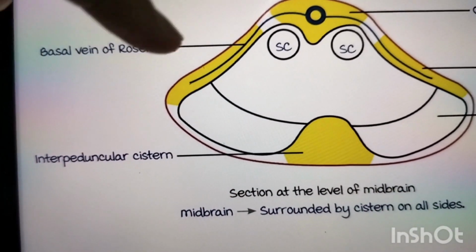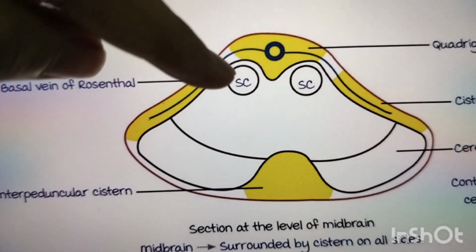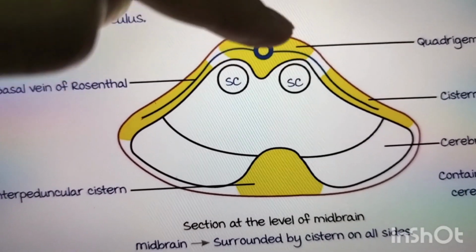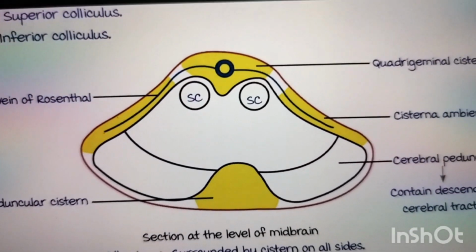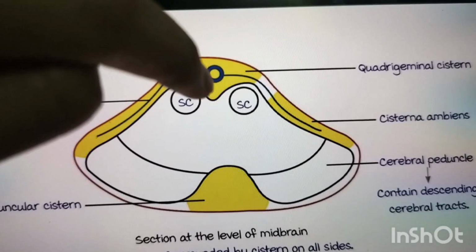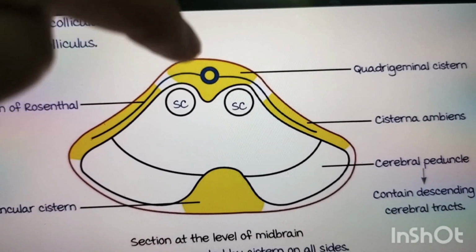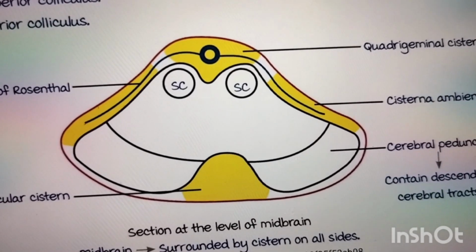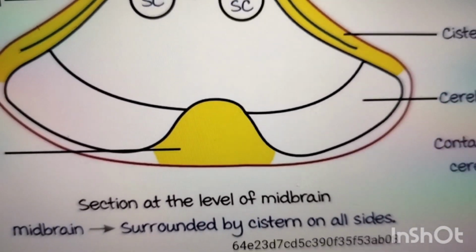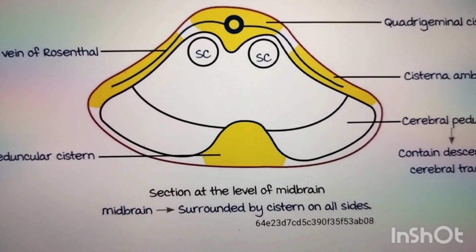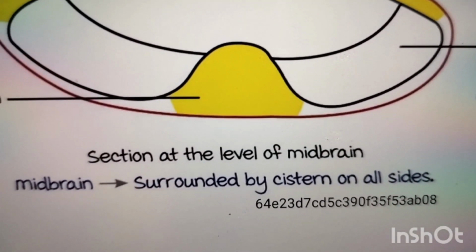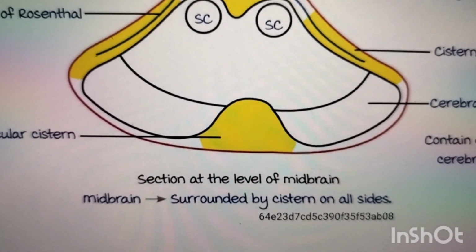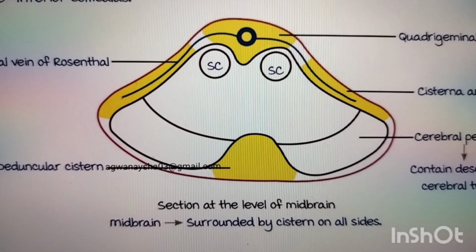This is the basal vein of Rosenthal coming from both the cisterna ambiens and combining to form the vein of Galen, or the great cerebral vein. We are seeing this section at the level of midbrain. So we have seen that the midbrain is surrounded by cisterns on all sides.